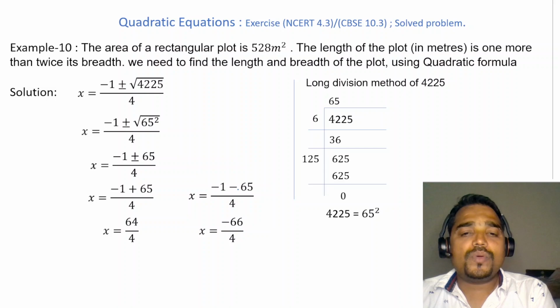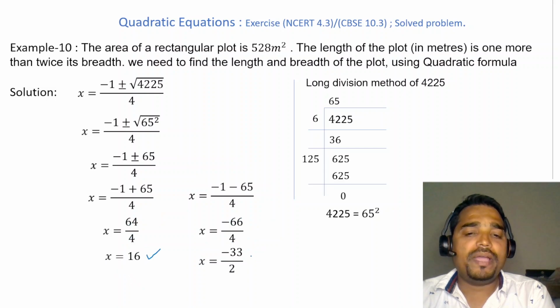Here minus 1 minus 65 by 4 is minus 66 divided by 4. 4 16s are 64. Here 2 2s are 4 and 2 33s are 66, but with minus sign.